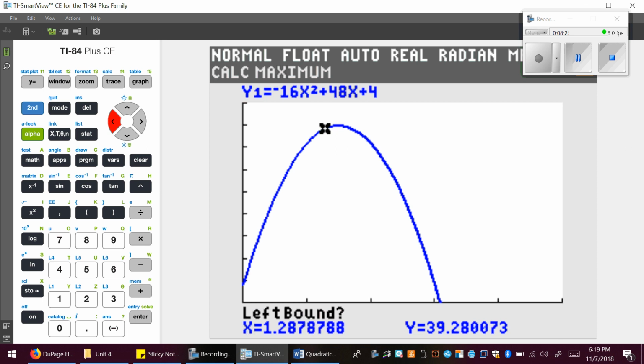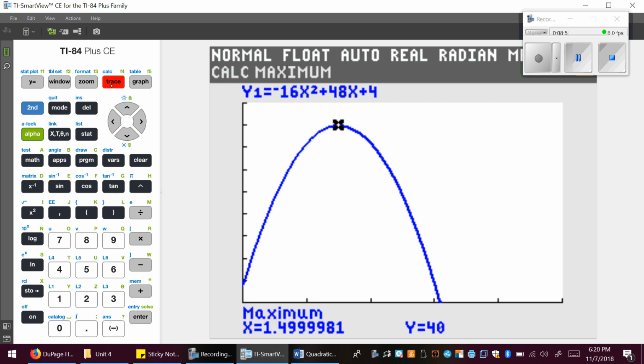It's pretty close. I'm going to go to the left of it here, hit enter. Then it'll ask you for the right bound. So I'm going to go over to the right of the vertex. Anywhere over on the right is fine. Hit enter. The vertex should be somewhere in between the two arrows, and then you hit enter one more time. So it says my maximum is 1.49 repeating, which is basically 1.5. That's part C. And the y value is 40, part B.